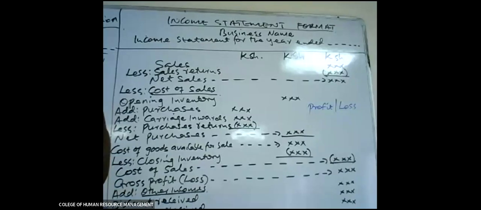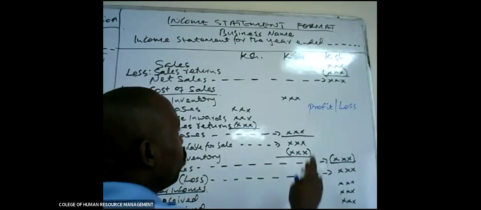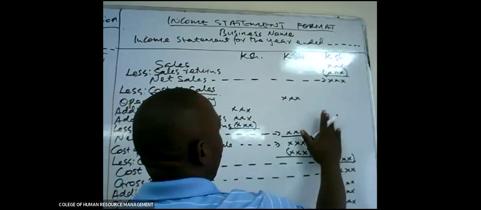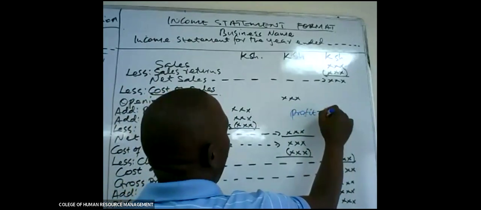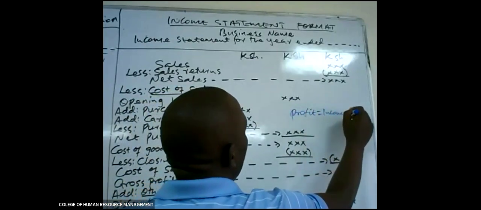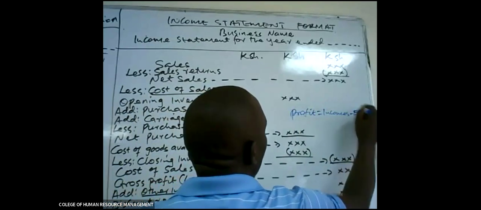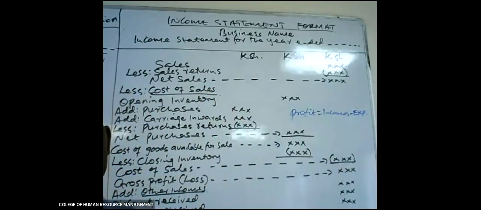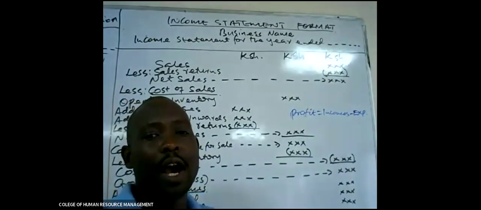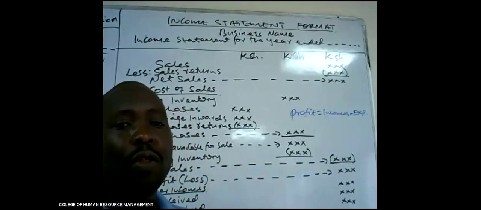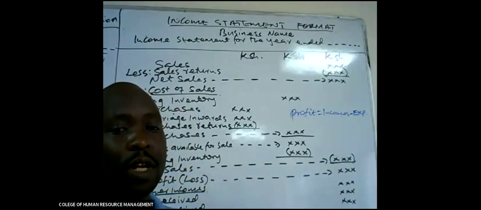From what we know, if you want to know the figure for the profit, you take all the income that you generated in that period, you minus all the expenses or the costs that you incurred, and you are able to know the profit that you generated.